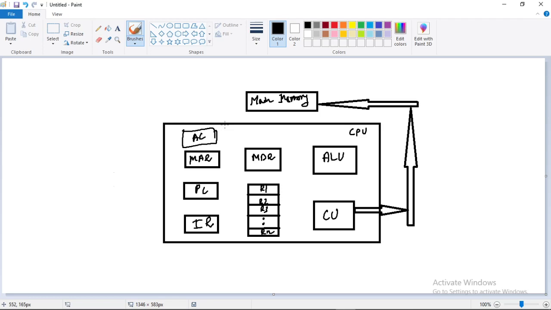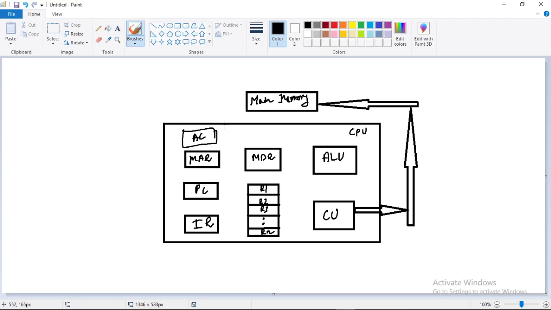So IR is going to store the numeric value of the instruction. That means IR is going to store the operation code of the instruction. Every instruction will have a particular operation code, and that operation code is going to be stored inside the IR, the instruction register.